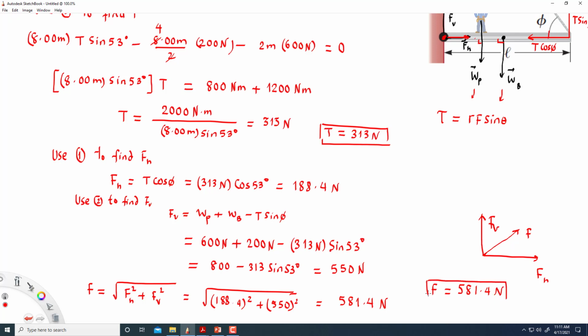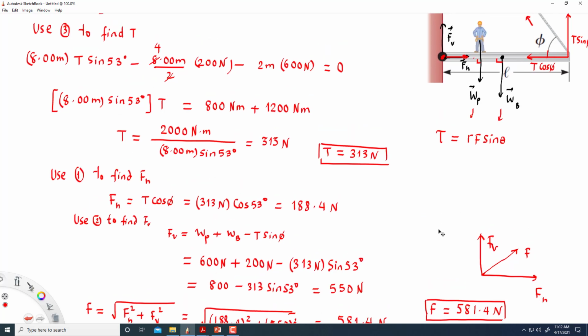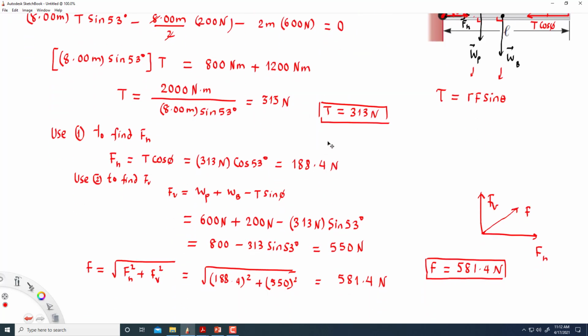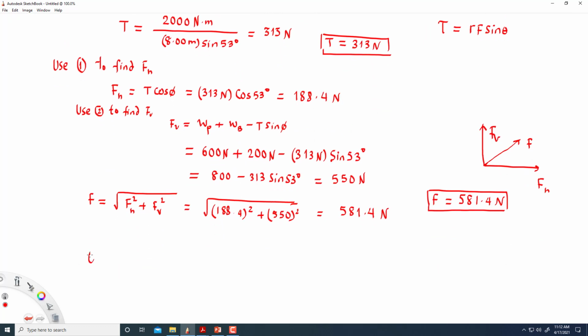And we also need to find the direction, okay, which way the net force is exerted on the beam. Okay, so the net force would be somewhere in between these two forces, and we want to find this direction, theta. And theta is given by tan inverse of y component over x component. So theta is tan inverse of the y direction force, which is the vertical force 550 Newton, and the x direction force is 188.4.